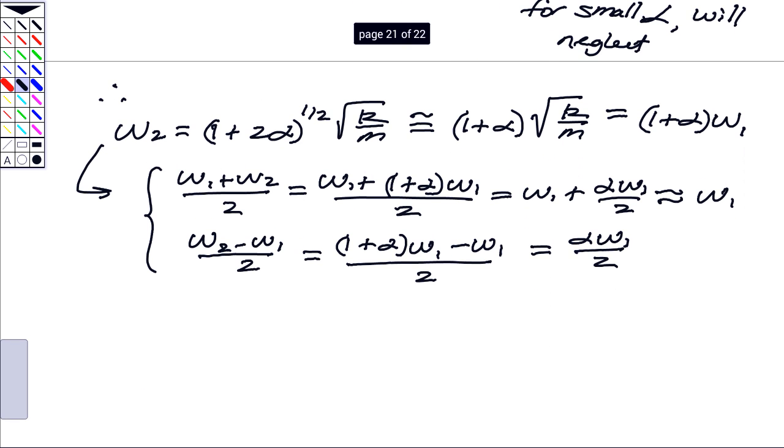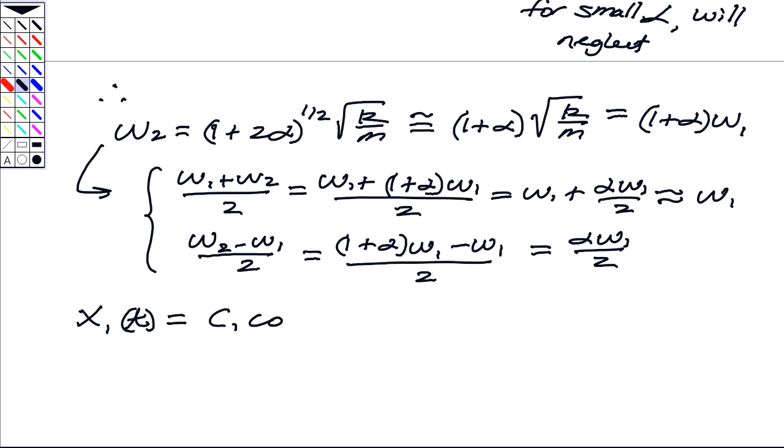So what I will do is I will write down the response for x1 and x2. So using our free response coefficients that we just found for C1, C2, this becomes C1 cosine omega 1t plus C2 cosine omega 2t times 1 over square root of 2m.